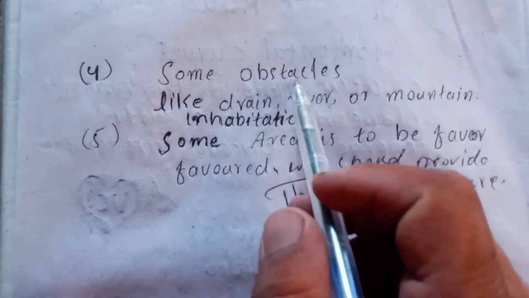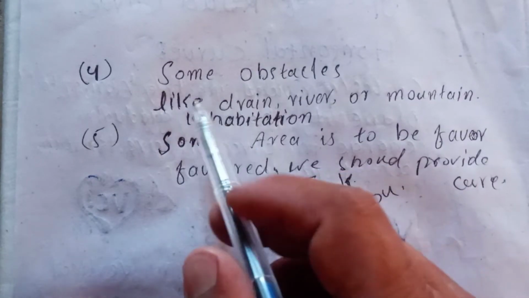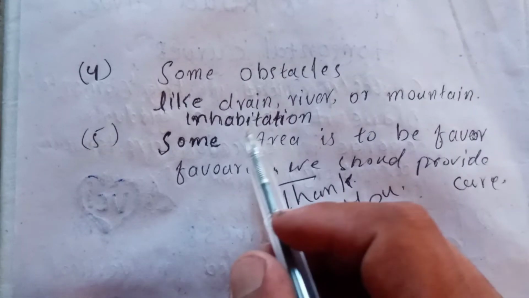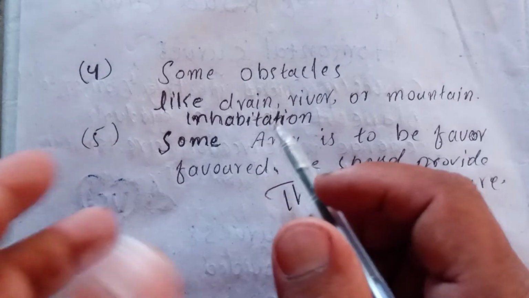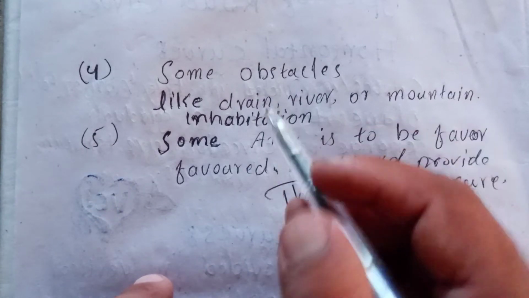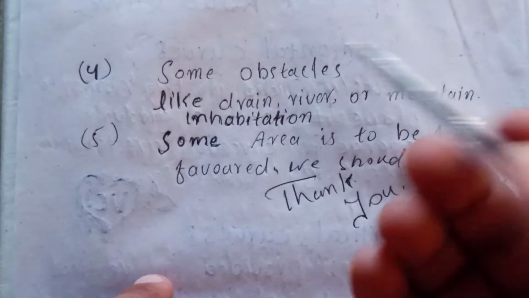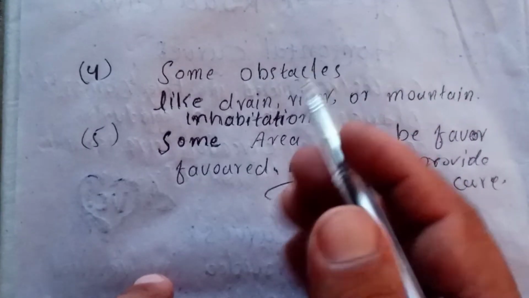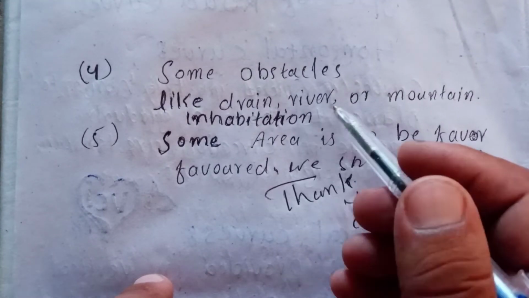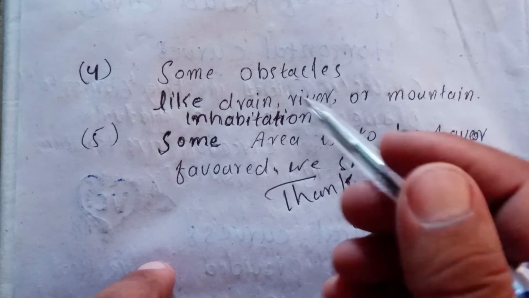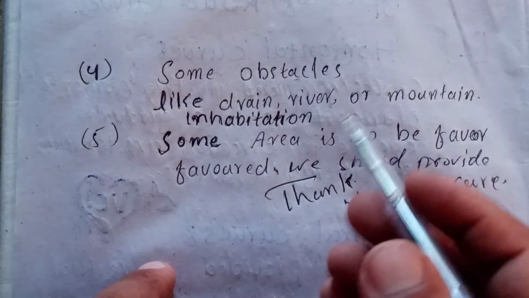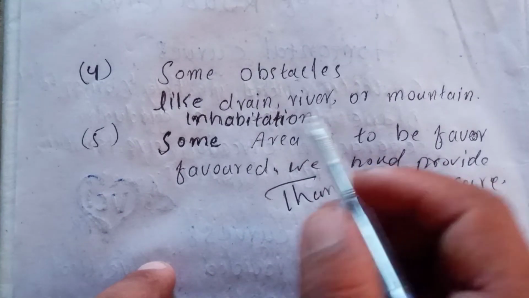Number four, obstacles. Obstacles mean things like drains, rivers, mountains, or inhabitants. If this kind of obstacle is faced on the central line of the project, then we ignore it and provide a curve and pass the road around these.